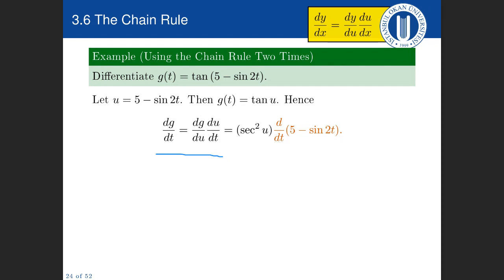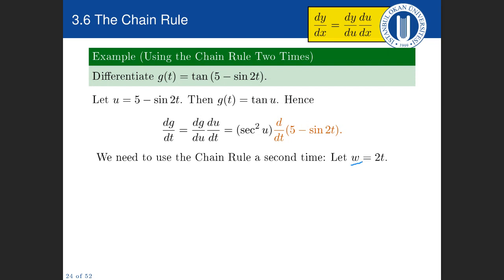But this is a little bit difficult. I'm going to have to use the chain rule again to calculate this orange derivative. I'm going to need to choose a new function. I've already used u, so let's choose a new letter.